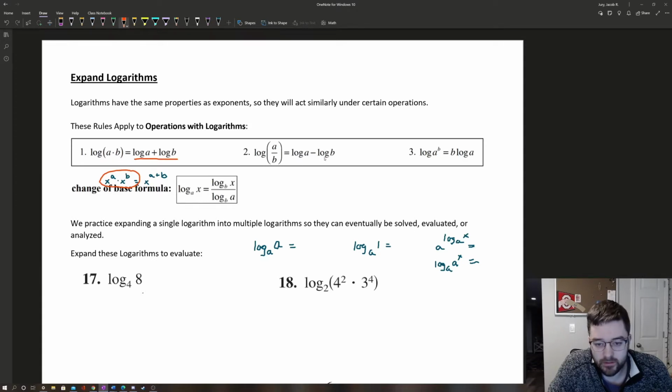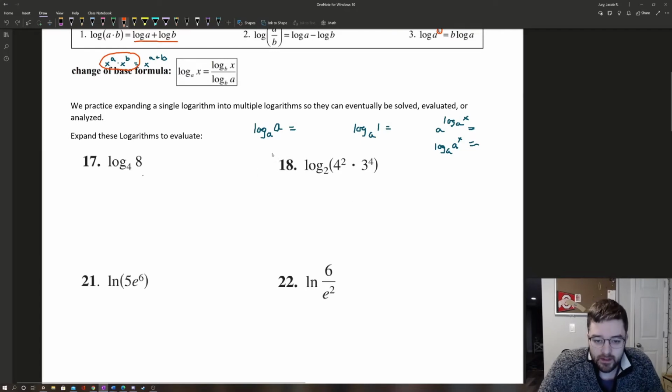Then we've got a quotient rule, where we subtract the numerator and denominator in the quotient of a single logarithm. Then we've got the exponent rule, where we take the power on the base inside the argument and multiply that to the entire logarithm. So that's like the power to a power rule for logarithms. We're going to use that.